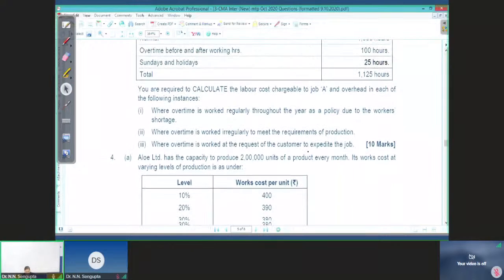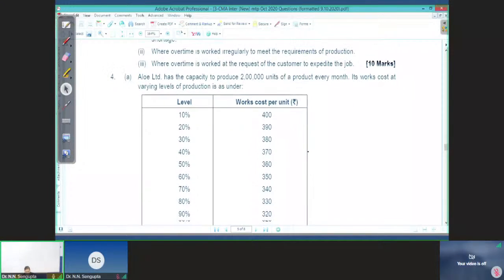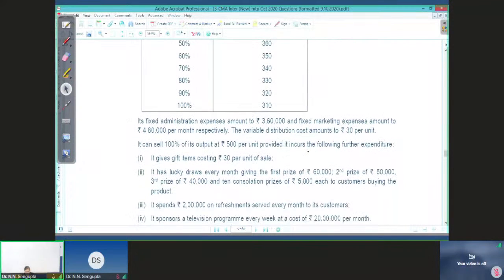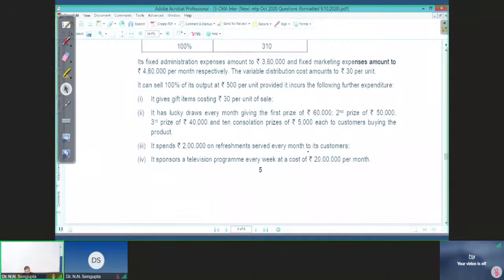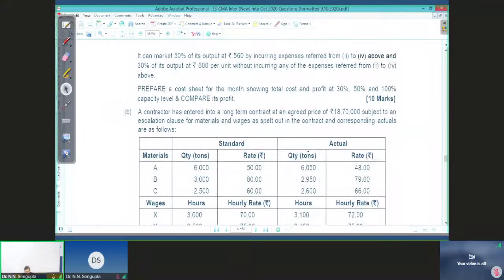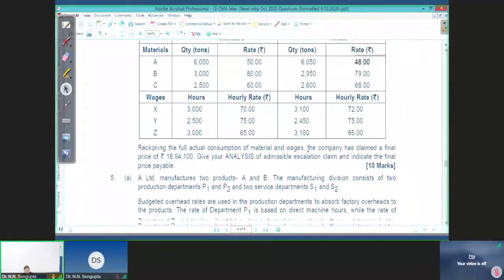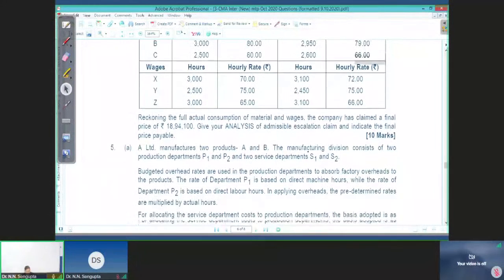Then Alloy Limited, this is also a new question. So it is very important that you practice this kind of new question which you have not done, probably not absolutely the same type of question. That will really give a boost to your confidence that yes, I can do it.